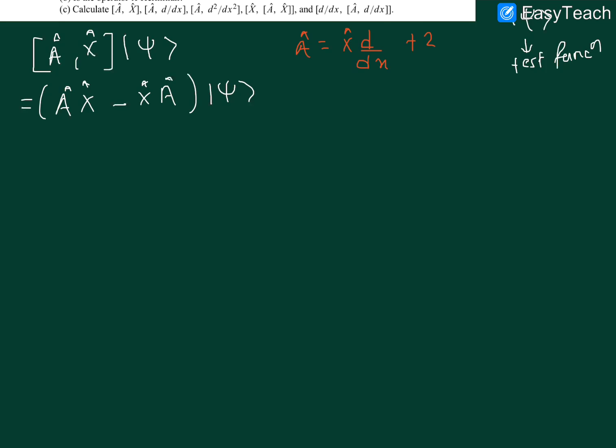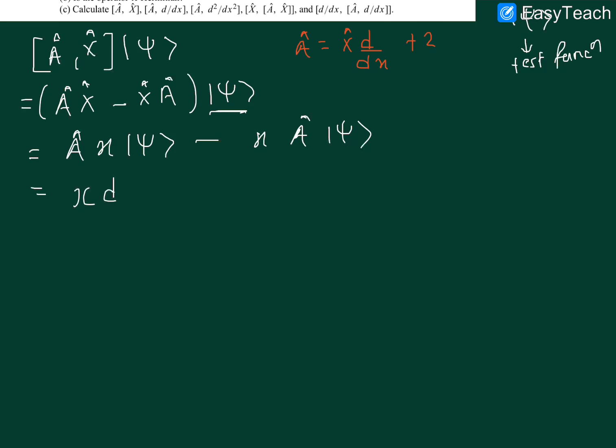This x cap is nothing but the position. First, distribute this test function over the bracket, that is a cap x psi minus x a cap psi.